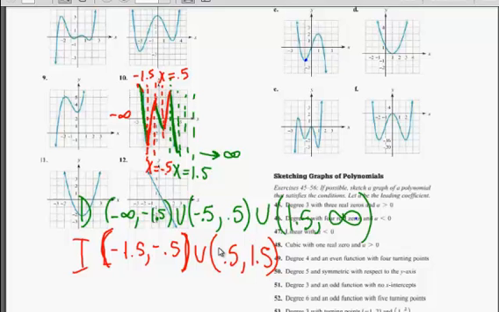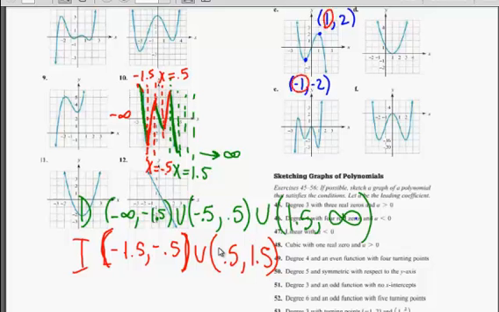Okay, so here's a turning point right here, and that point is negative 1 and approximately negative 2. Okay? This turning point is at 1 and 2. So all you're interested in is your x's at that point.